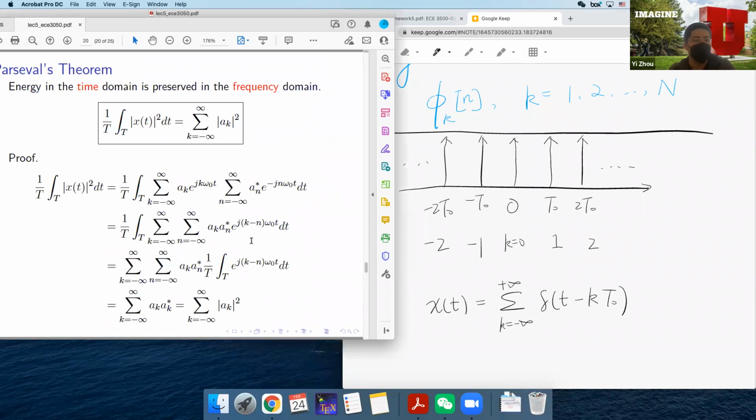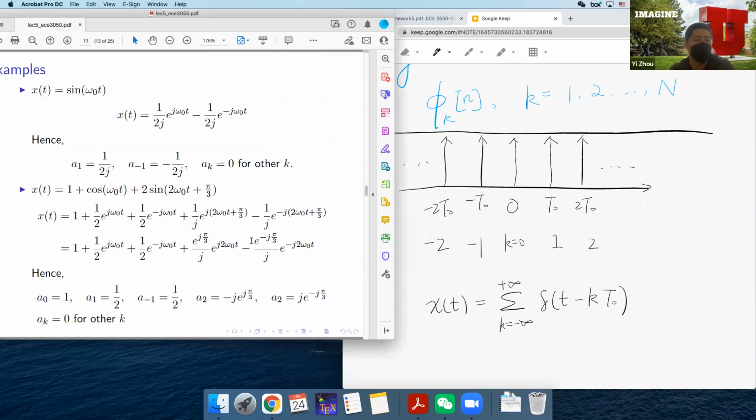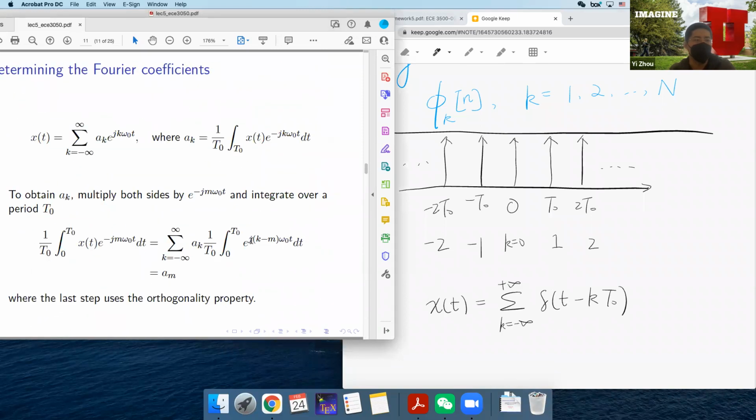And now go back to the continuous time Fourier series. Now I give you 5 minutes. Calculate the a_k, the spectrum of this signal, by leveraging this formula. Okay, 5 minutes.